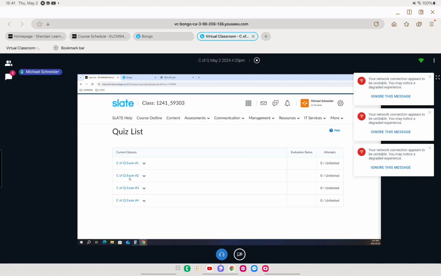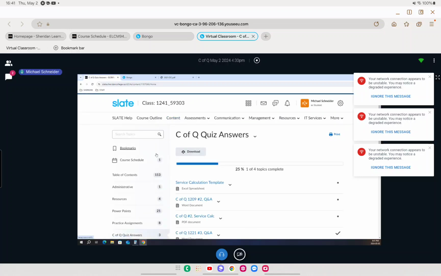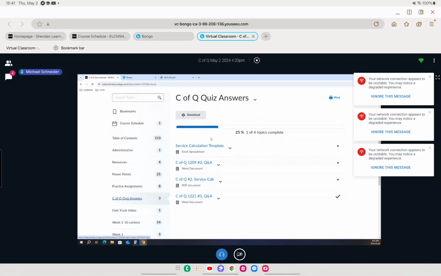So for doing demand calculations, under content, there's a service calculation template.